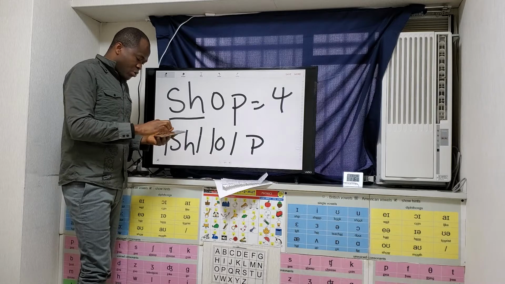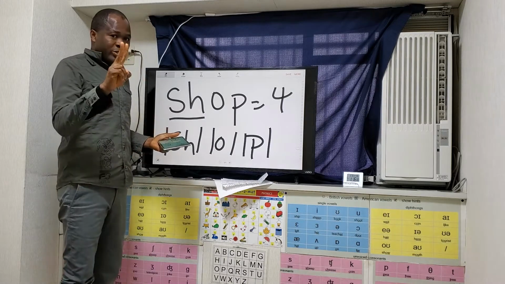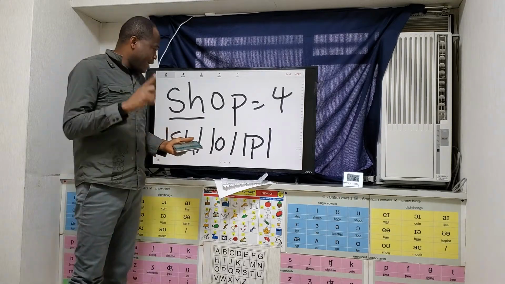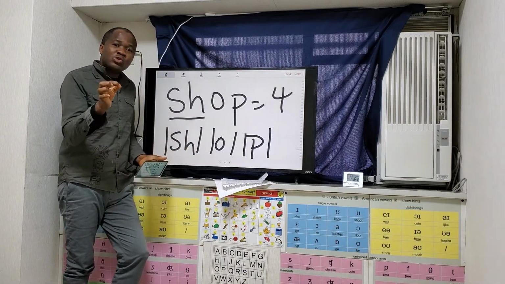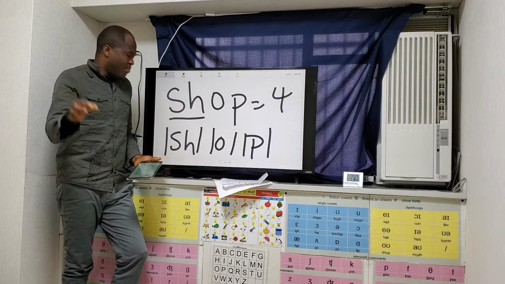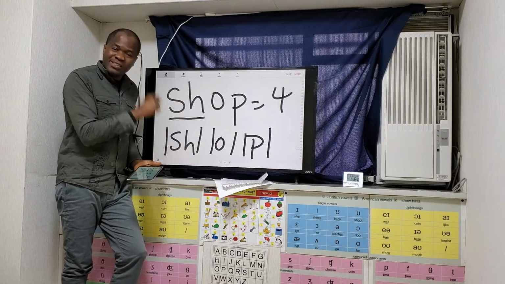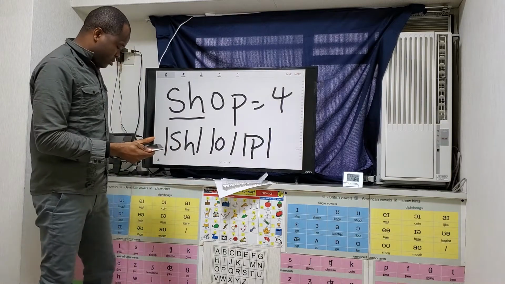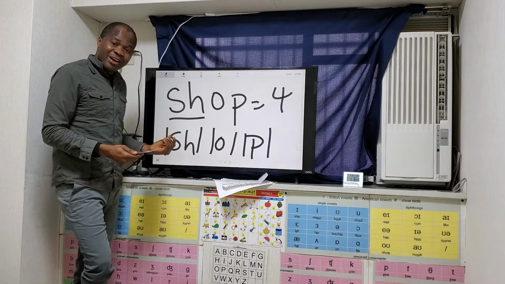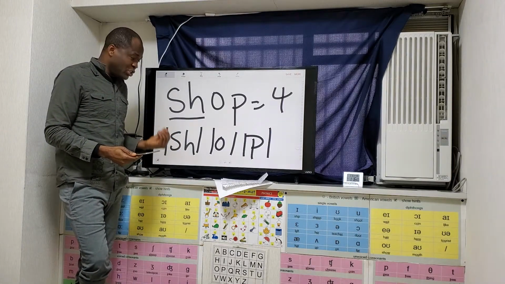And the P will be one sound. Two things I'm going to emphasize here. Number one, this SH is a 2-letter grapheme, but it's considered as a unit of sound. It's very important.